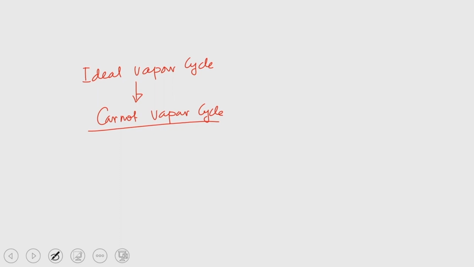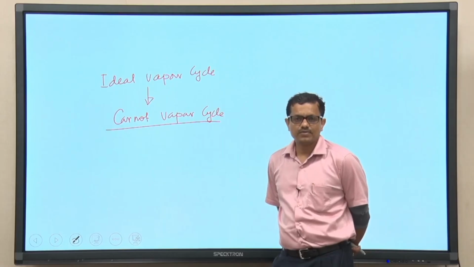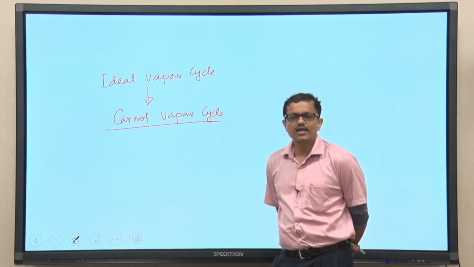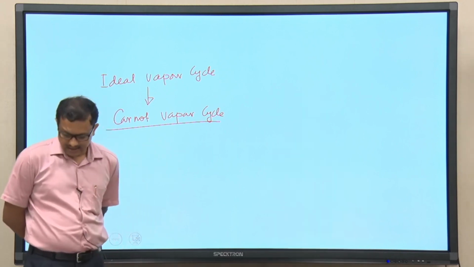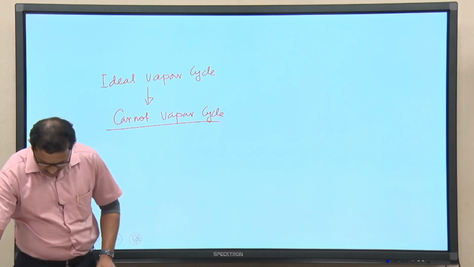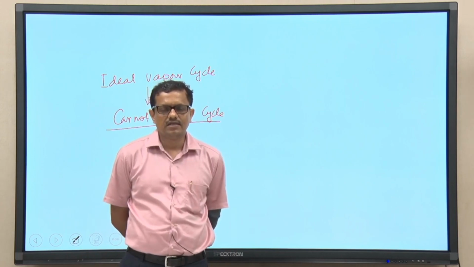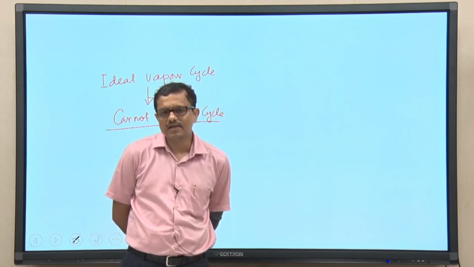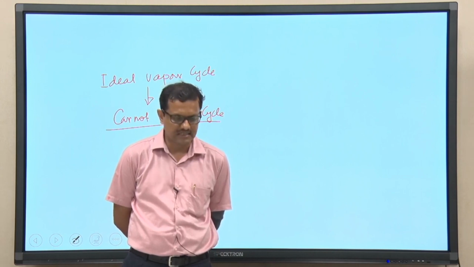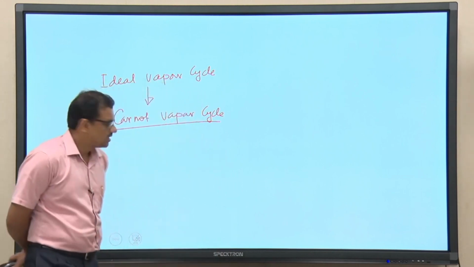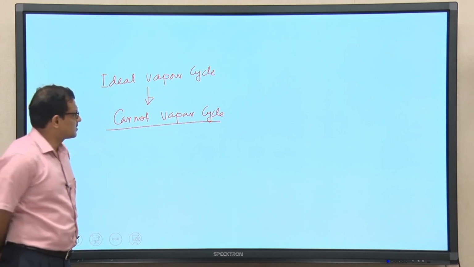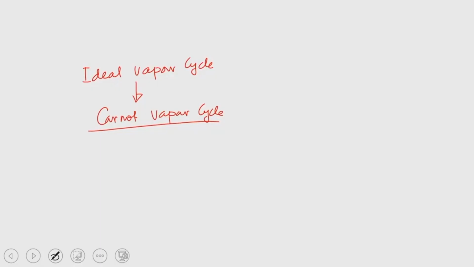This cycle comprises two isothermal and two adiabatic processes. But you know that the Carnot cycle comprises two reversible isothermal and two reversible adiabatic processes. We shall be discussing those parts. But before I go to discuss, I would like to discuss a few important thermodynamic aspects, like what we mean by work ratio, what we mean by back work ratio, etc.